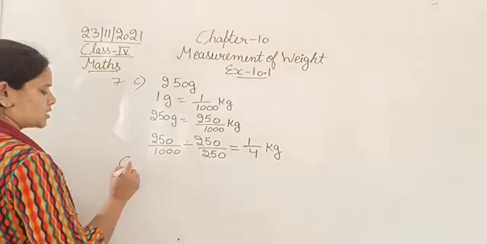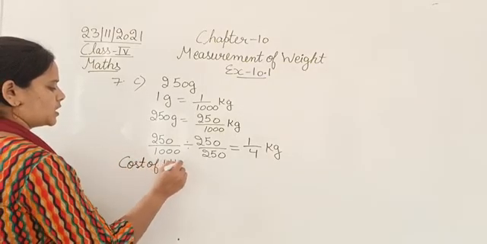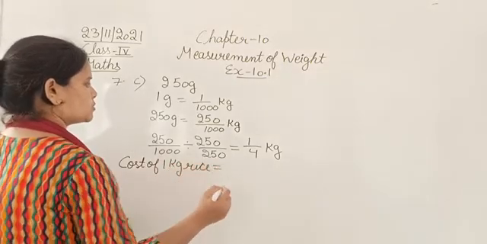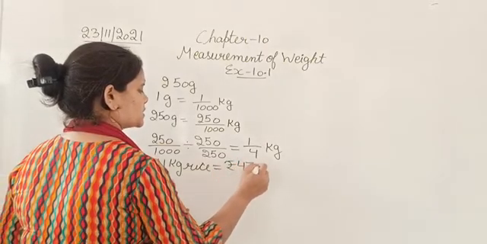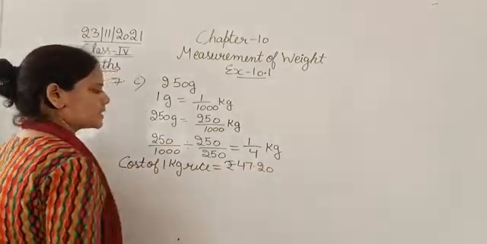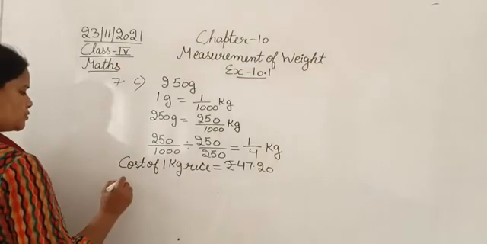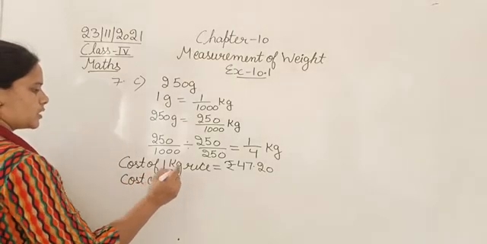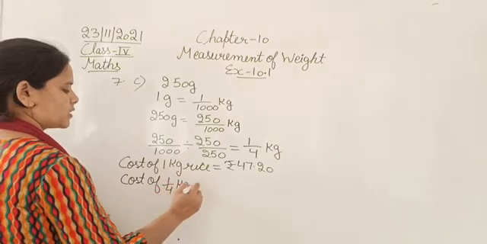So now next, cost of 1 kg rice is equal to 47 rupees 20 paisa. The cost of 1 kg rice is 47 rupees and 20 paisa. We need to find the cost of 1 upon 4 kg rice.